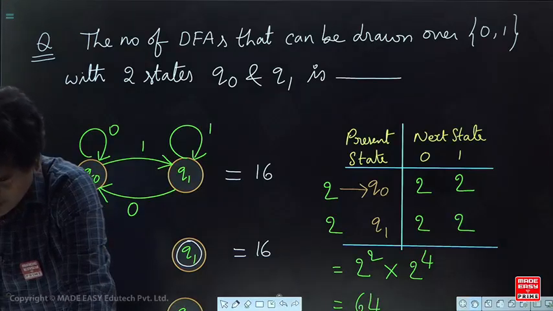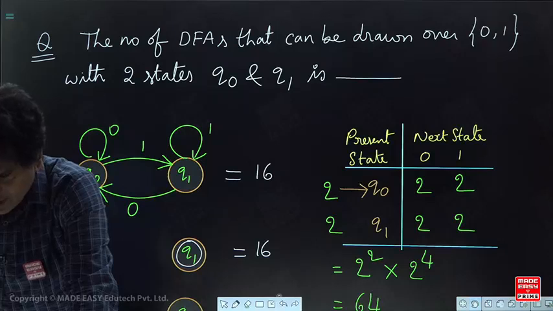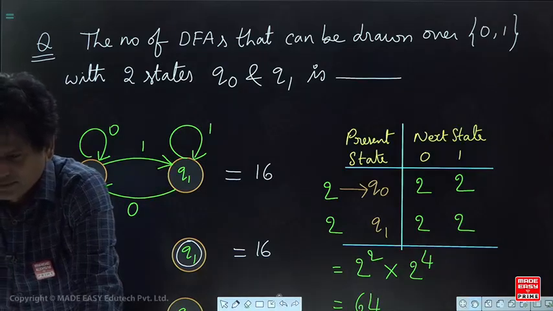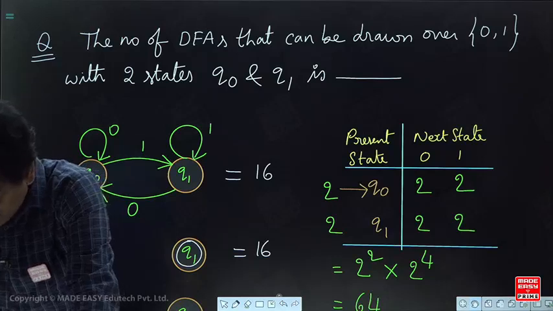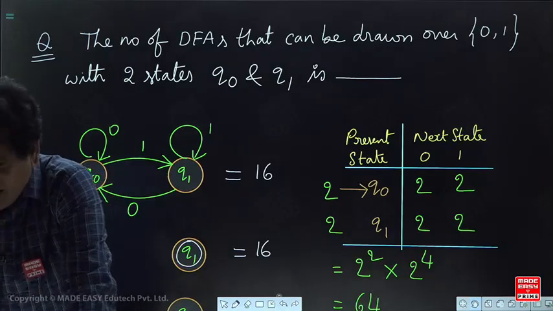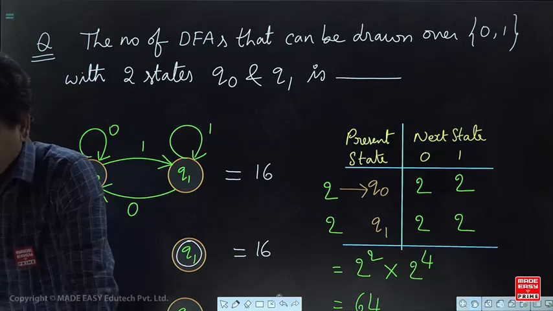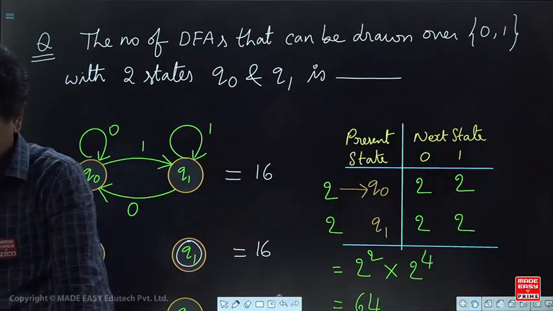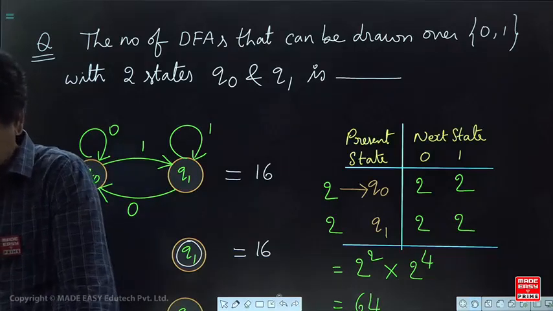Aftab Ansari, wrong. Yogendra Singh, wrong. Amarnath, wrong. Parth, wrong. Okay, enough. Gaurav Kumar, wrong answer.